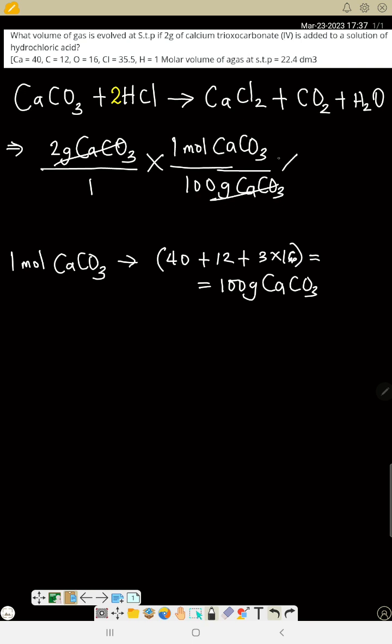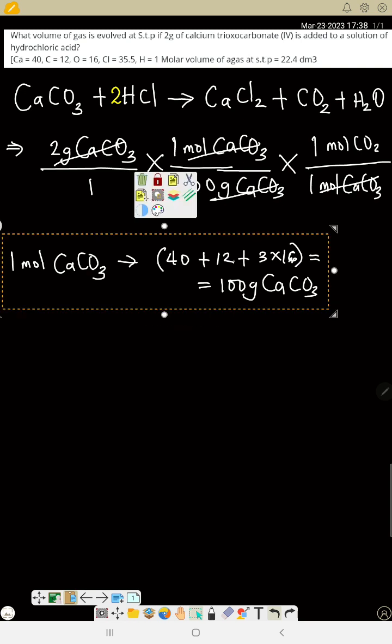Now we need to switch to the gas and the calcium carbonate. From the balanced equation, 1 mole of calcium carbonate will react to give 1 mole of carbon dioxide. So use that as a conversion scale. 1 mole of CaCO3 will give 1 mole of CO2, so mole of CaCO3 cancels mole of CaCO3.